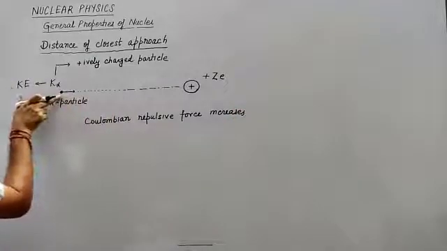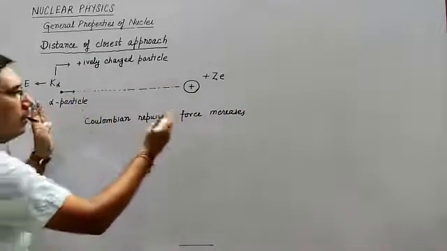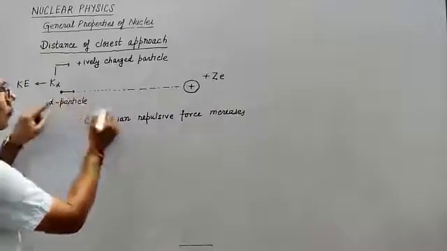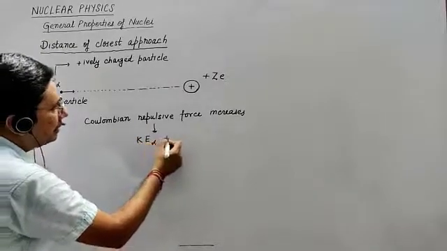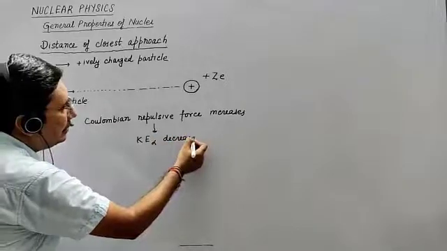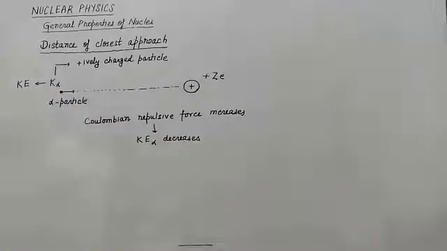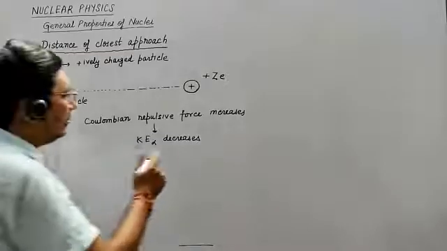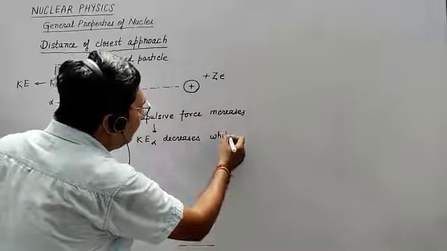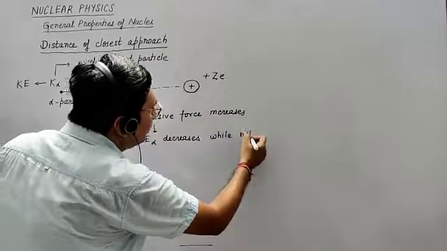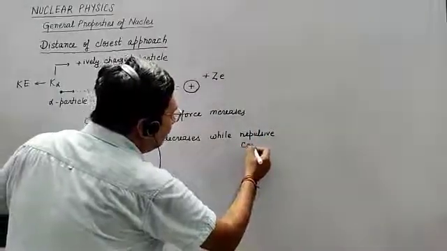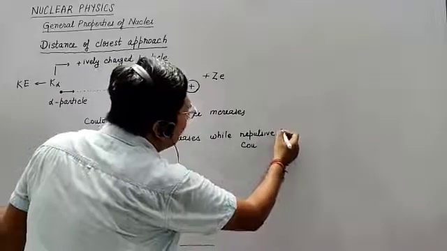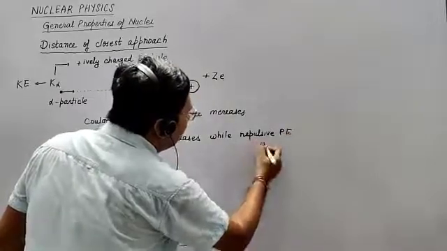And when this is moving towards the nuclei, because Coulombian force is acting between them, as a result of this Coulombian repulsive force, kinetic energy of alpha particle decreases, while the repulsive Coulombian potential energy increases.